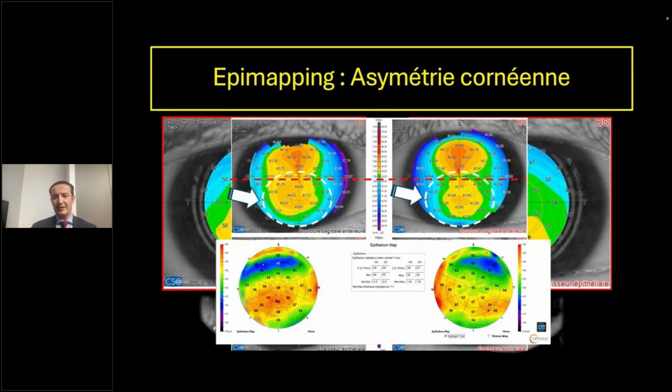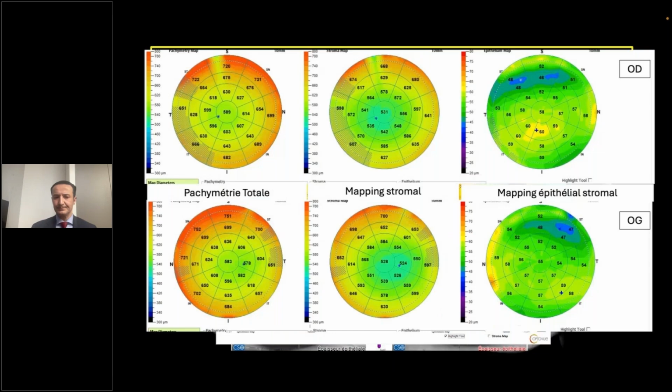You have a very nice level and stages of the epithelium mapping, and you can highlight this hyperplasia, in this case more pronounced on the right eye, inducing the corneal asymmetry curvature due to the dry eye.